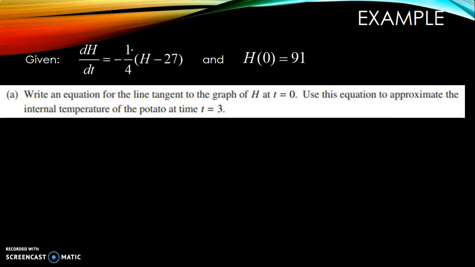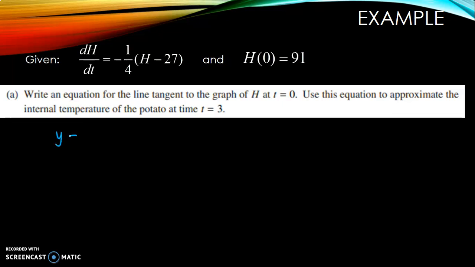Given that dh/dt is equal to negative 1/4 times (h minus 27), and we have an initial condition, we want to first write the equation for the tangent line to the graph of h at t equals 0. And then we're going to use this equation to approximate the internal temperature of the potato at time t equals 3.